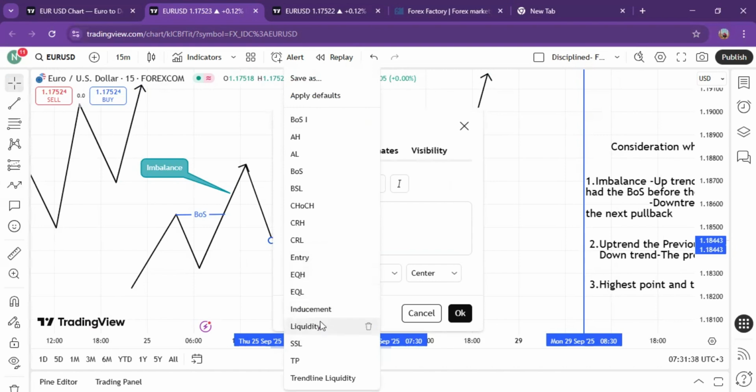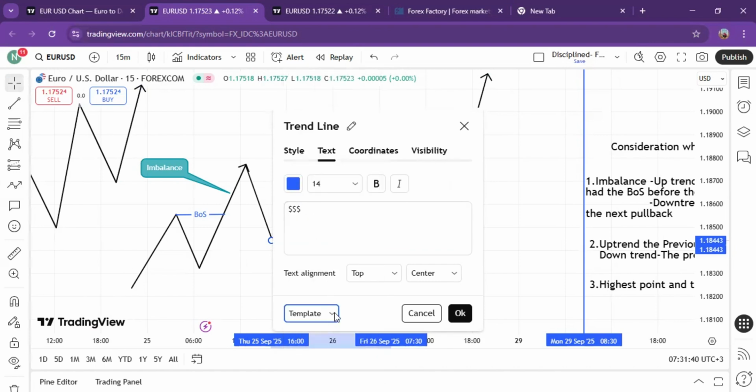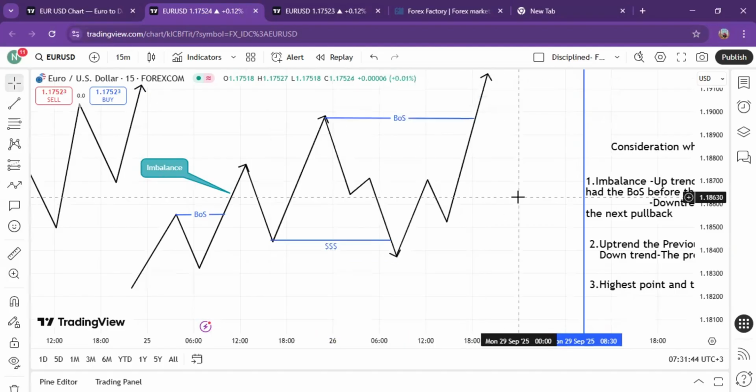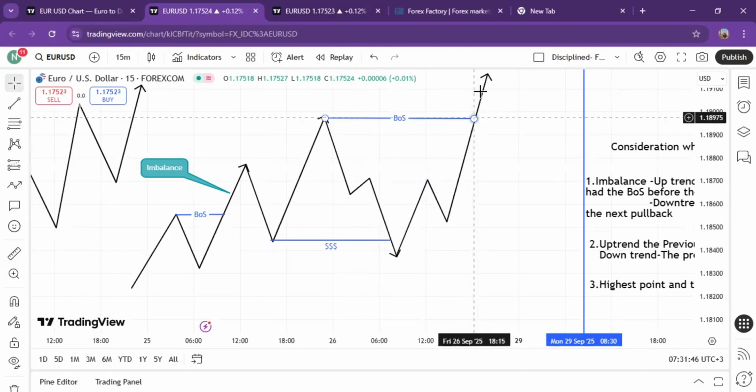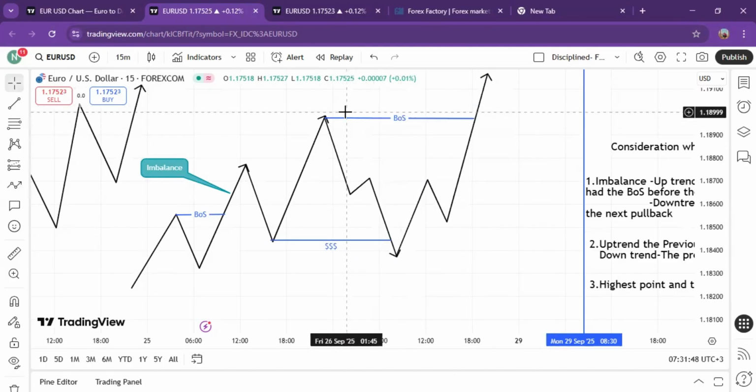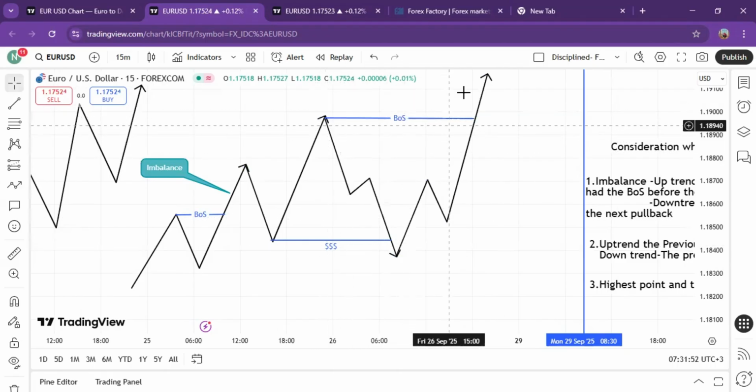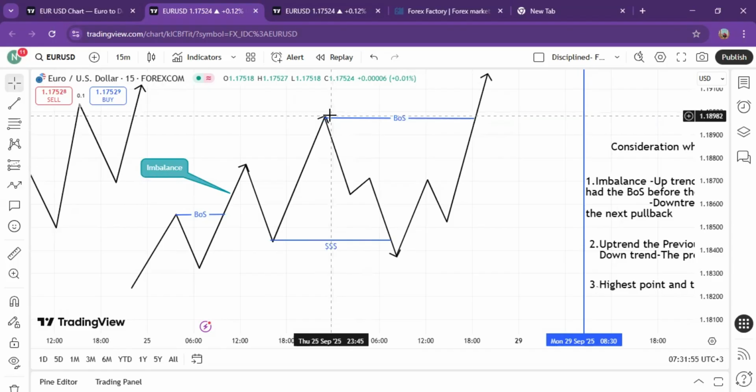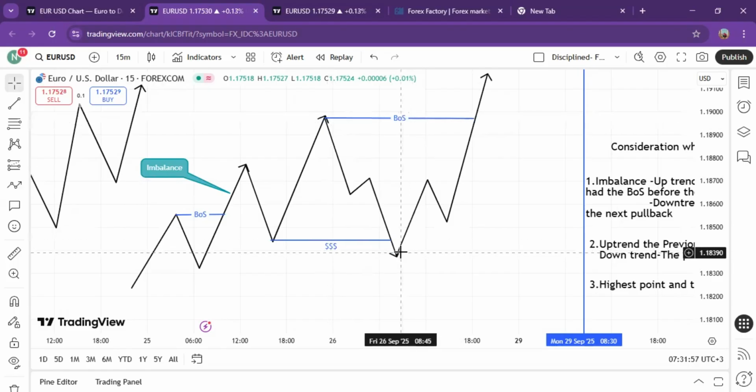So you're going to see so many examples in the market whereby you find that this low here has been taken out and the market continues. So we are going to have the next break of structure at this point, and this will be our 1, 2, 3. So this will be our next highest point and our lowest point.